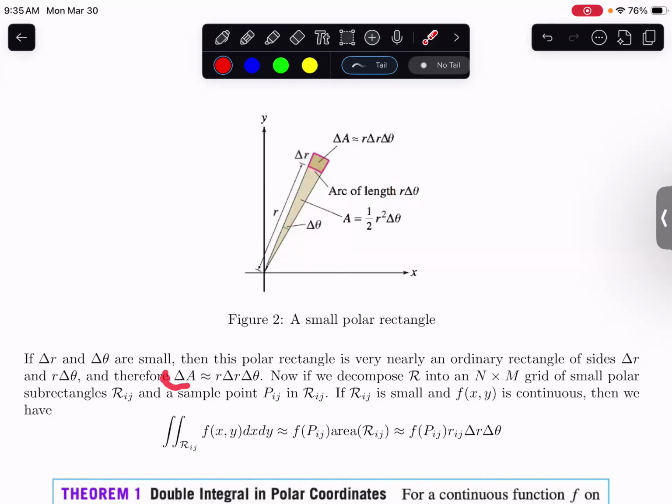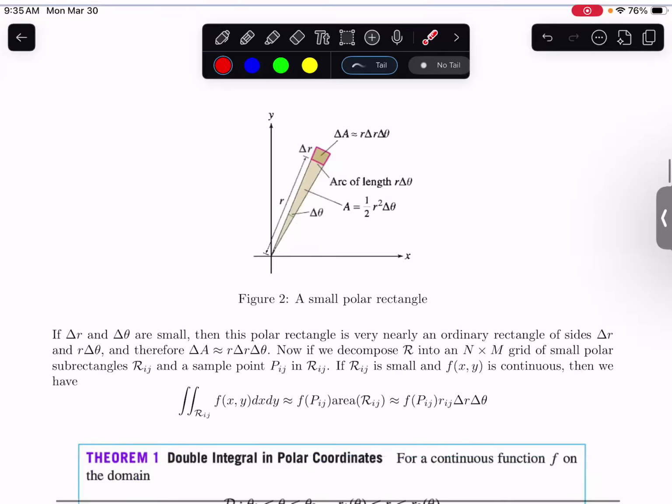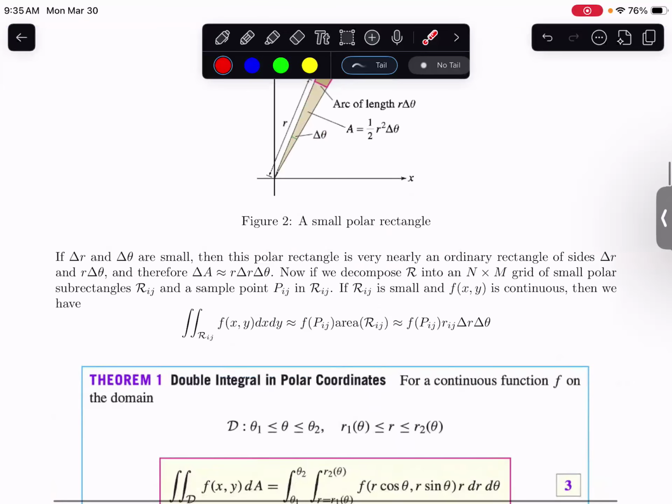So the change in area that occurs with infinitesimal changes of r and theta ends up being approximately equal to the area of a rectangle with these side lengths, which is r delta r delta theta. And then you can go through this whole Riemann sum process by decomposing the rectangle into a smaller grid of these polar rectangles.